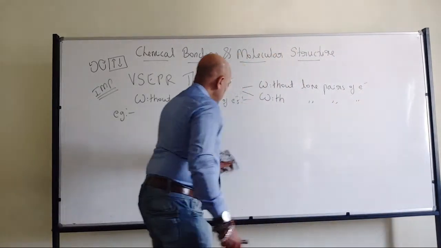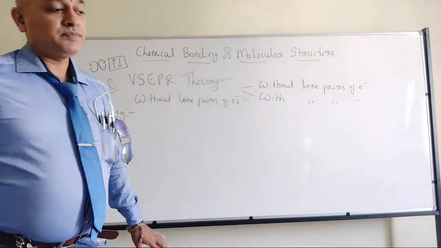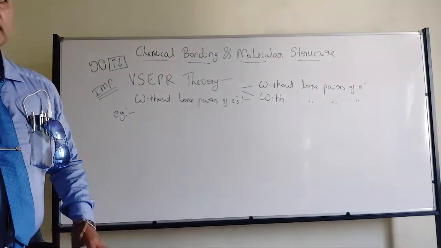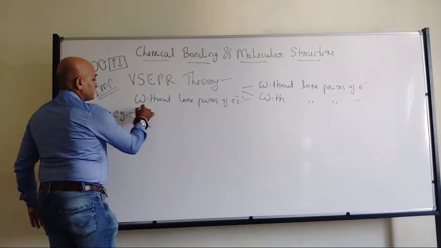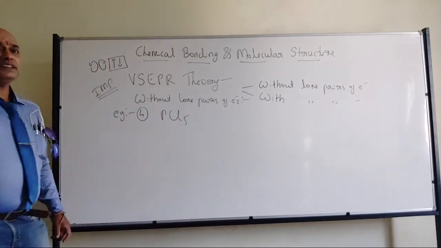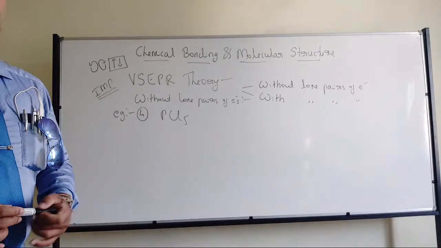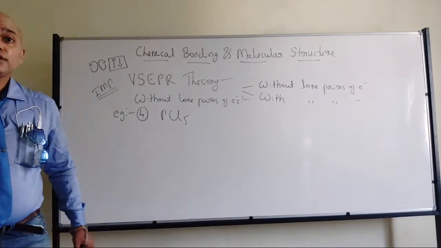Why I am talking about carbon? Because carbon is a central atom in methane. Fine. Now we will come to example 4. That is PCl5, phosphorus pentachloride. I am taking the examples from your textbook only.